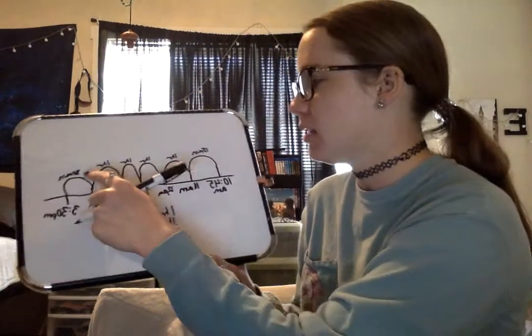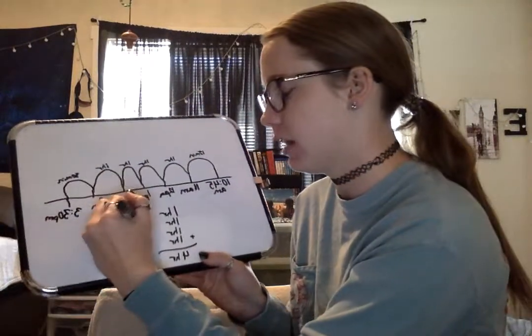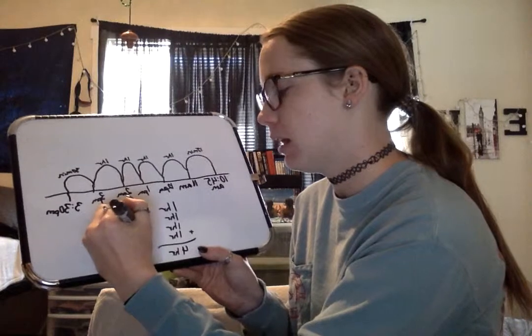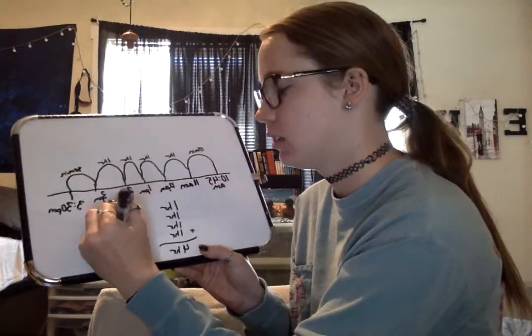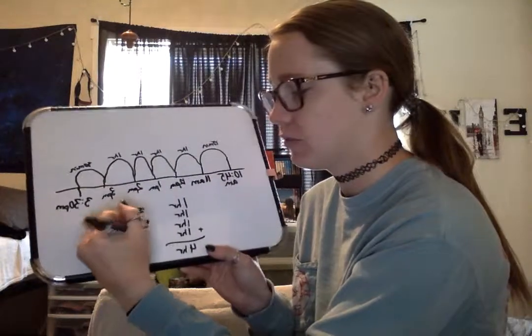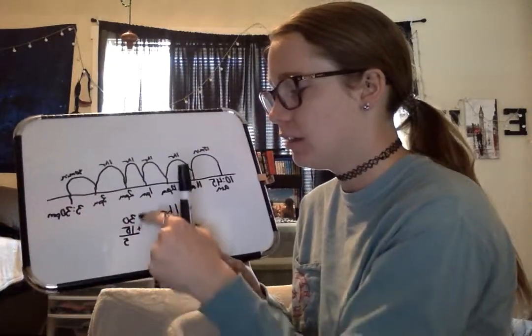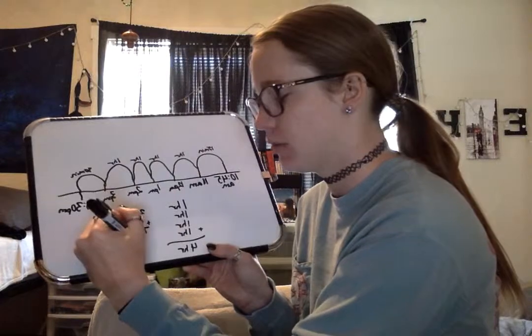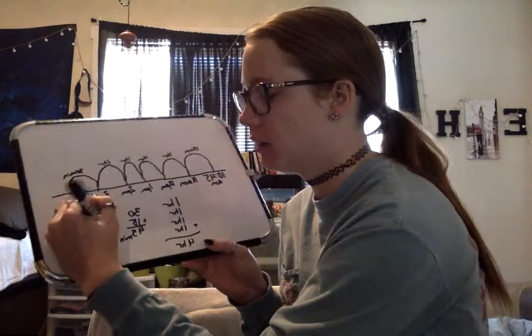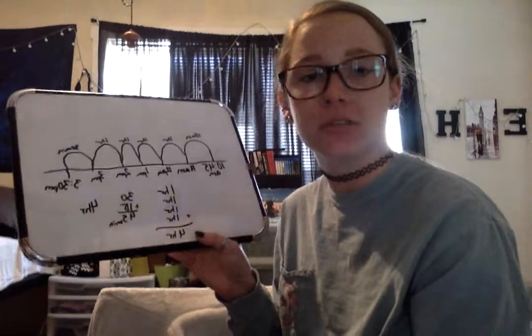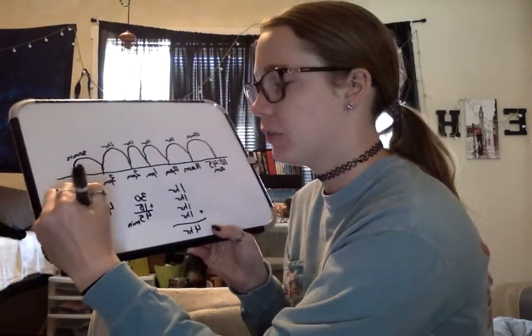And then we'll add the minutes together. So we have 30 and 15. Those together is 45. And then we add these together. So your total elapsed time is going to be 4 hours and 45 minutes.